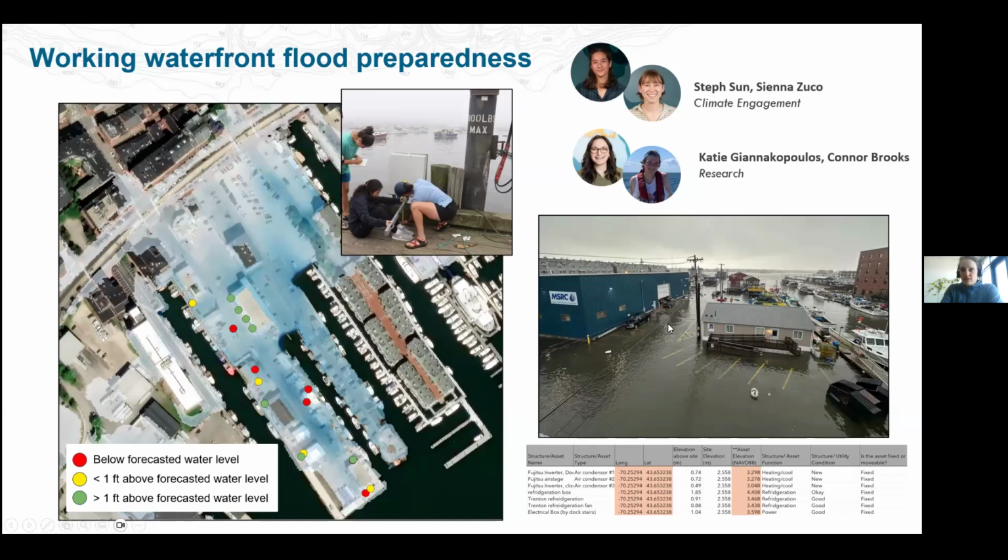We've been working with the managers of this working waterfront area to survey and measure the heights of all of their utilities and flood-vulnerable assets. When a forecast comes out from the National Weather Service, we can give them an inundation map and say, on a utility-by-utility basis, this is what's below the forecasted water level, within a foot of it, and more than one foot above it.